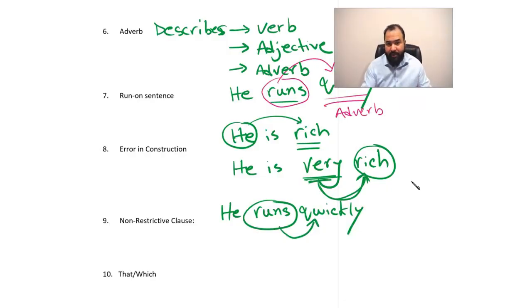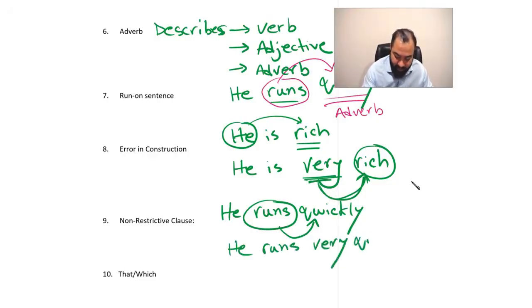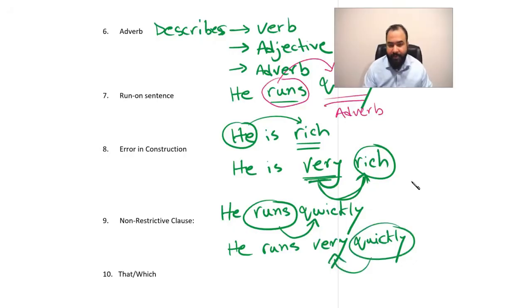We can further describe the quickly. We can say, he runs very quickly. Here quickly was the adverb, and we're further describing it with very. This is another adverb.